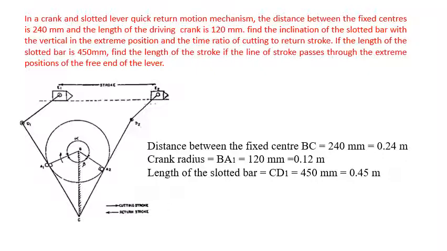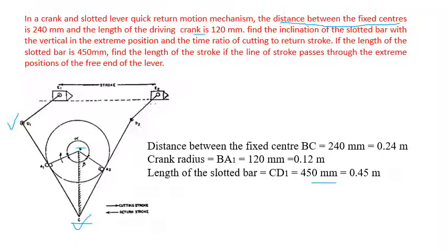In this problem, the distance between the fixed centers, B and C are the fixed centers, so this BC is given as 250 mm. Next, the crank radius, that is the length of the driving crank, so this A1B is given as 120 millimeter. Then the length of the slotted bar, this CD1 length is given as 450 mm.